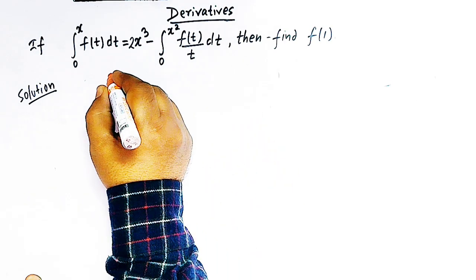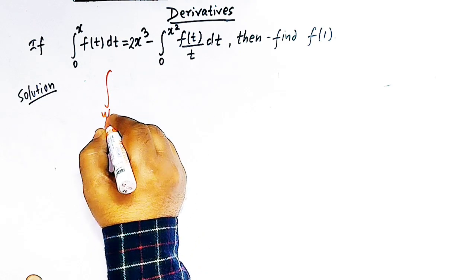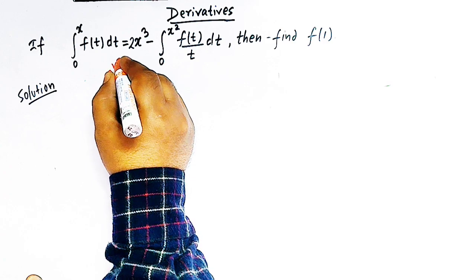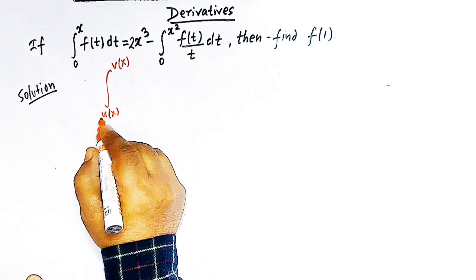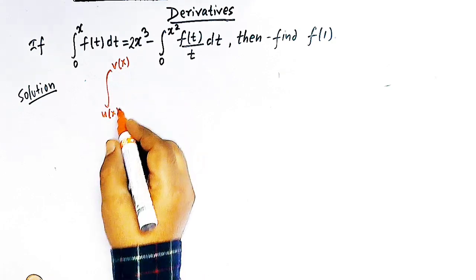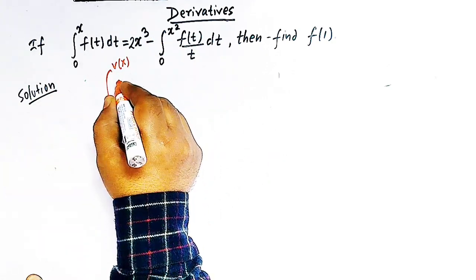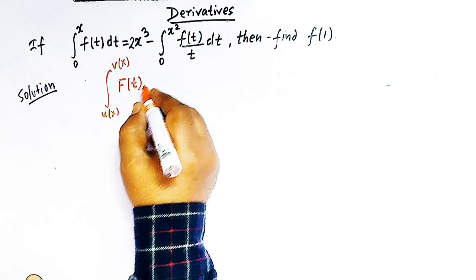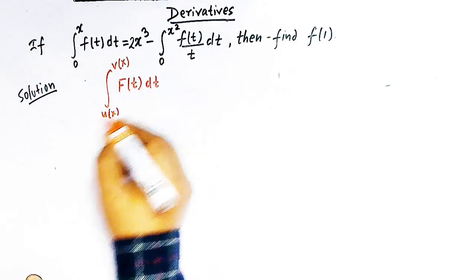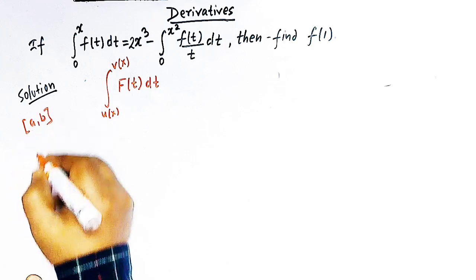So now consider this integral where the limits of integration are some functions of x. So here the lower limit is u of x and the upper limit is v of x, and now consider a function, say f of t, which is a continuous function in some interval, say a comma b, right?